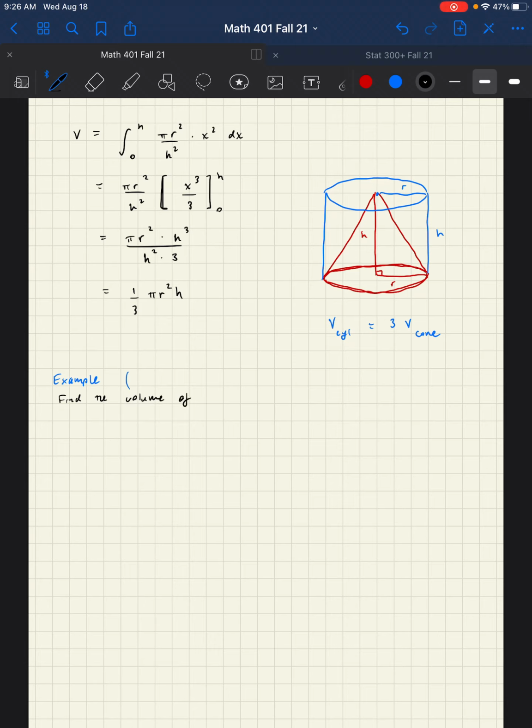Our task is to find the volume of the solid whose base is a disk of radius r, a circle, right? And whose cross sections are squares.